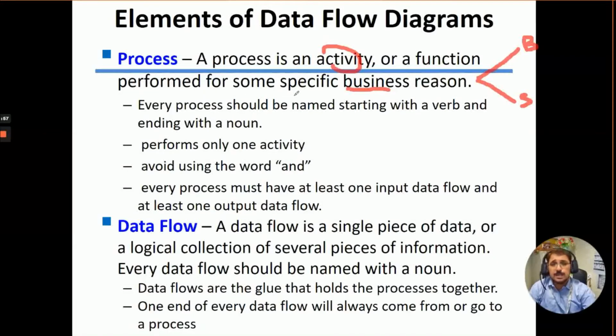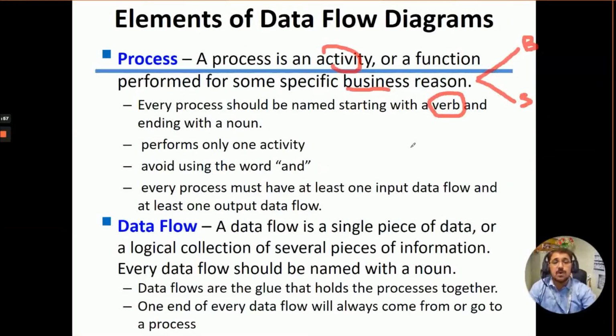So if it is an activity, if it is action related, then look at this: every process should be named starting with a very important keyword, starting with a verb. Why?